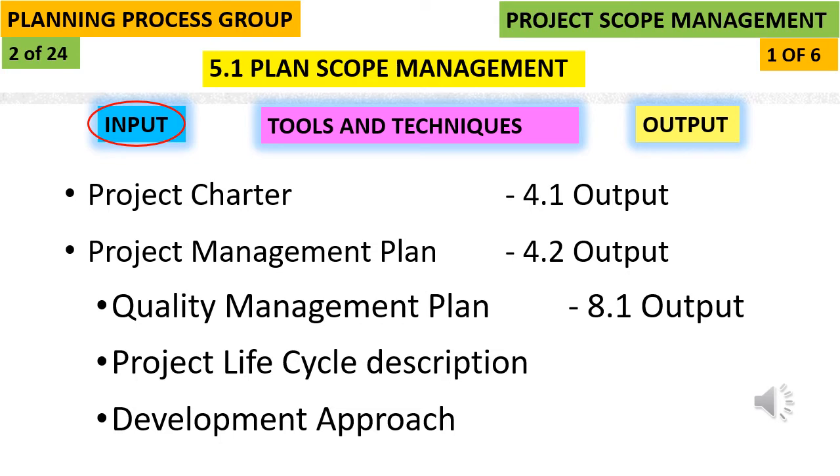That means whether we are going to have the scope defined in the beginning, or at predefined timelines, or whether it will be a progressive one. So how are we going to accommodate the changes? The whole project life cycle, how it runs with respect to the scope, is also an input for this process. And development approach.